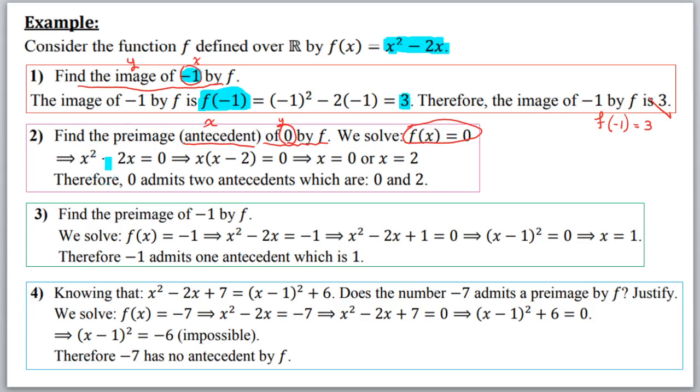f of x equals 0 means x squared minus 2x equals 0. How could we solve this?